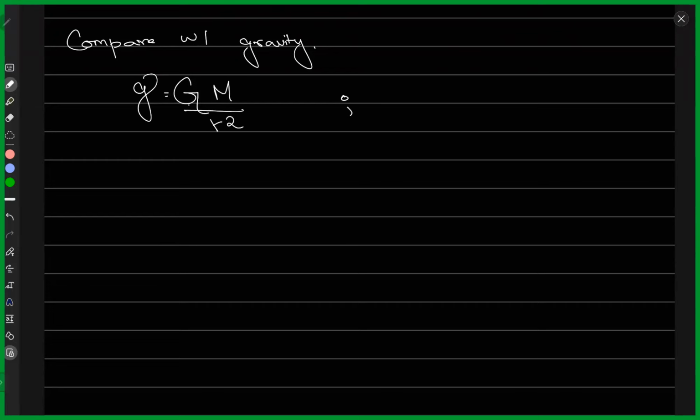Now in electricity, the electric field is given as Coulomb's constant K times the charge generating this field divided by the square of the distance. There is a very big resemblance between these two equations, except that, as you should have remembered, there will be a negative sign in this expression, while in this expression there is no negative sign.